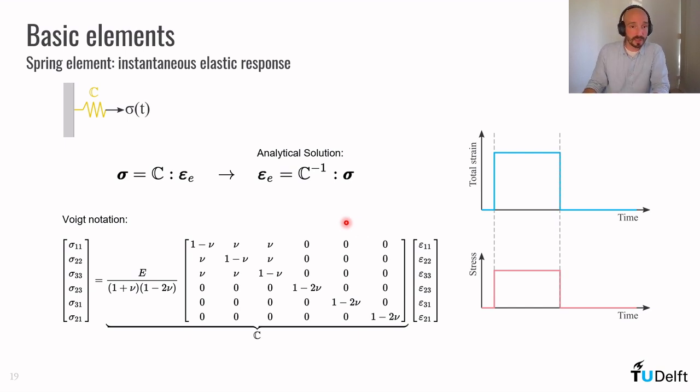This produces exactly the same effect as a one-dimensional spring, but it is three-dimensional. We have stresses and strains in three dimensions, and not just normal stresses and strains, but also shear stresses and shear strains.